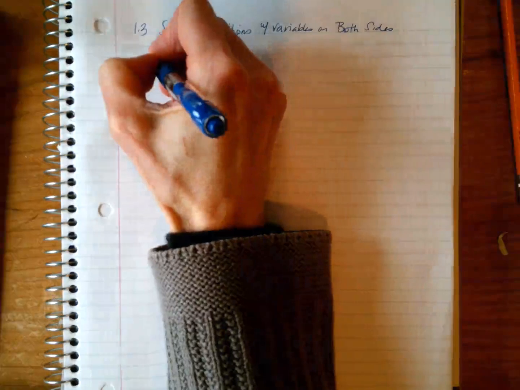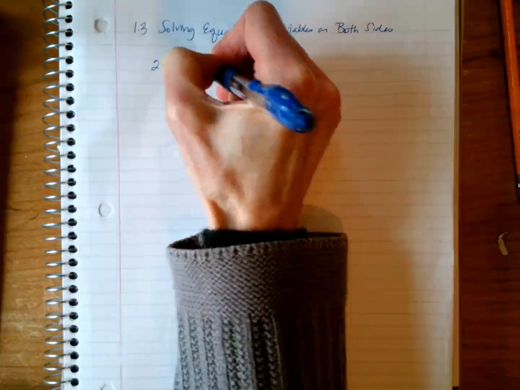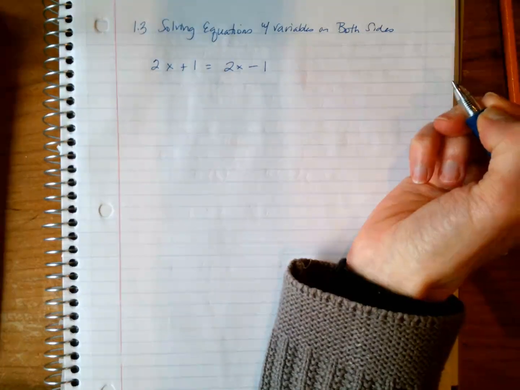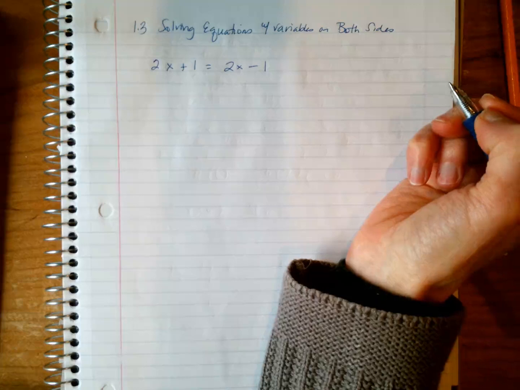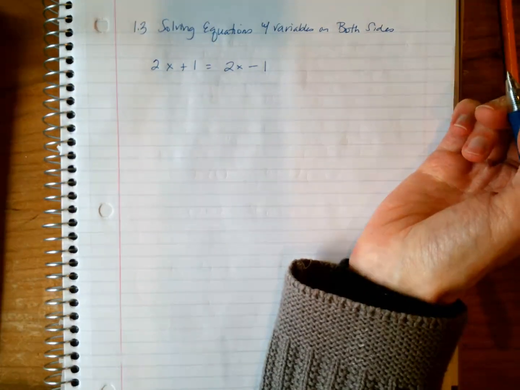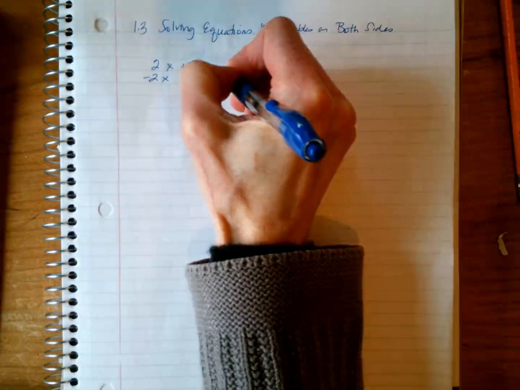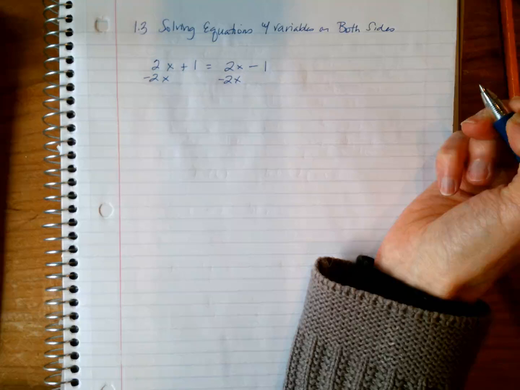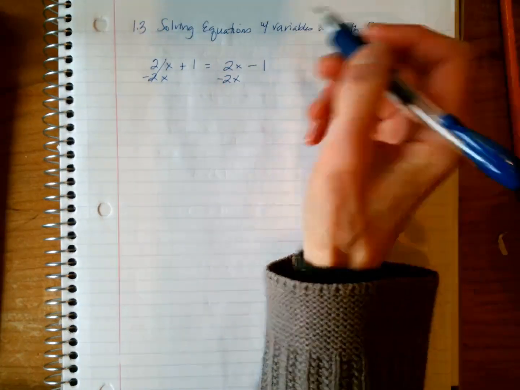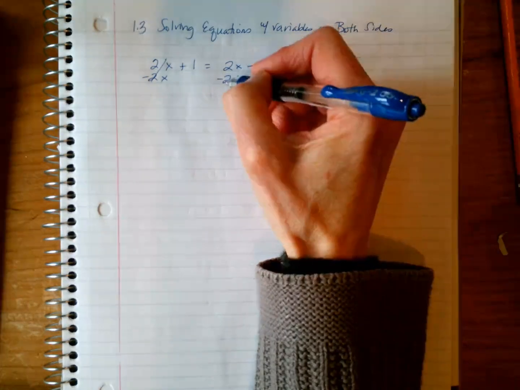So this example of 2x plus 1 equals 2x minus 1 is going to result in one that has no solution, and we'll see why after we simplify it down as much as we can. I'm going to begin by getting rid of the x's from this side, which means I have to get rid of them over here. And right away you can see that you have a problem because you're left with no x's.